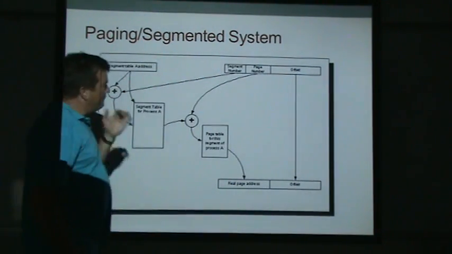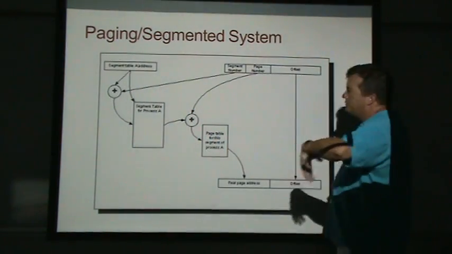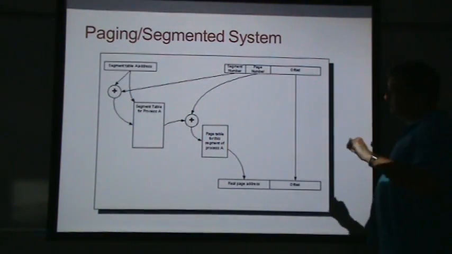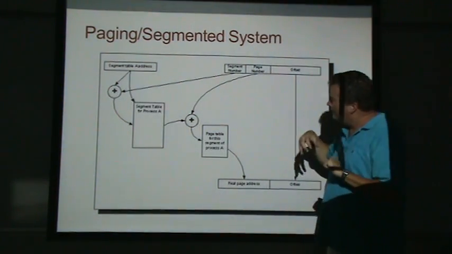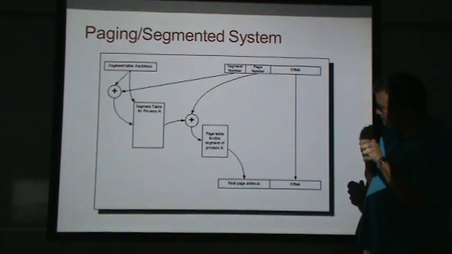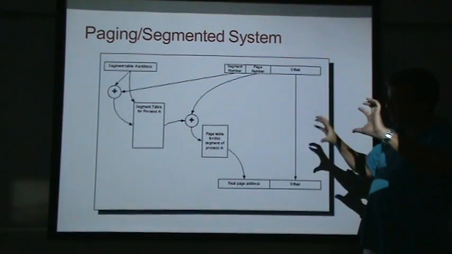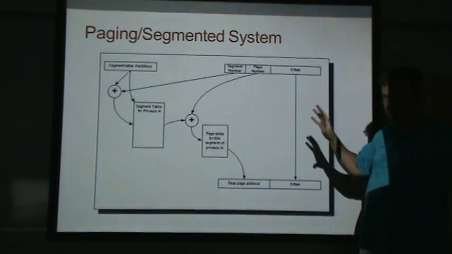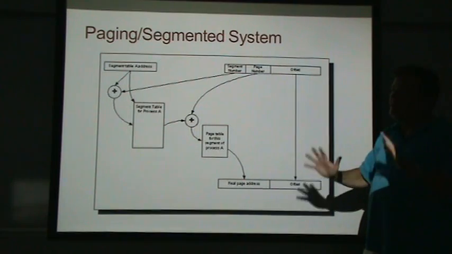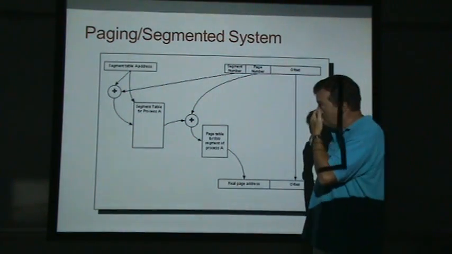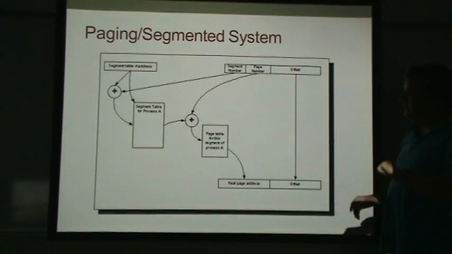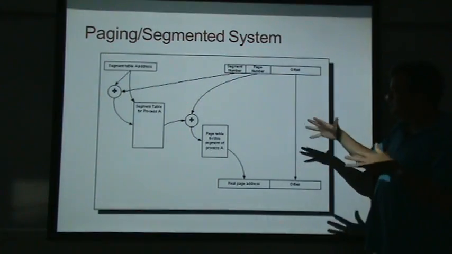We could go a step further and have like a segmented paging system. In other words, your program could be so big that you take your program, cut it up into segments, which are variable in size, and then within each of those segments you can chop those up into equally sized pages. So all that really does is add another layer onto the page translation.